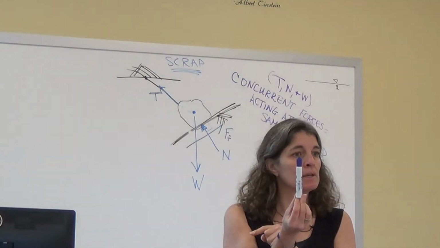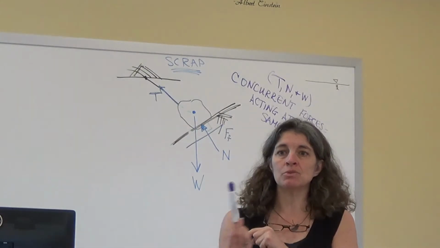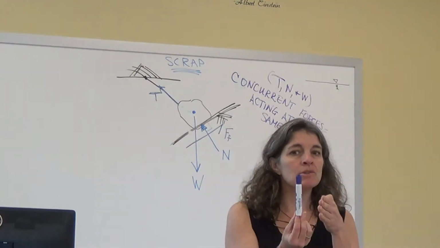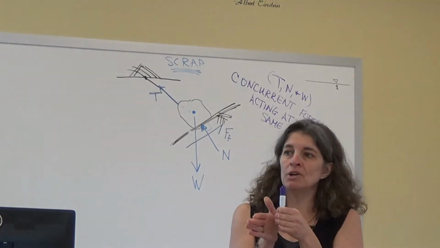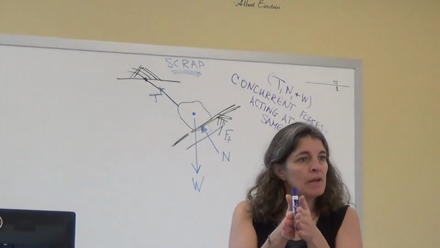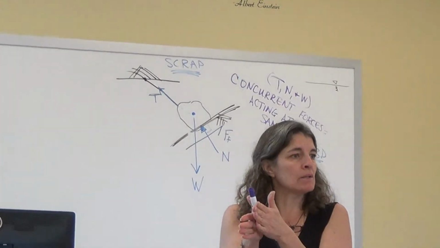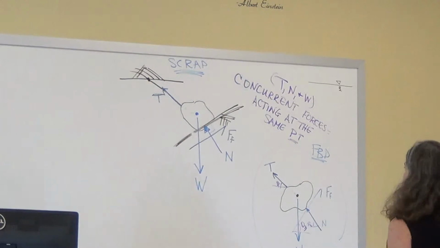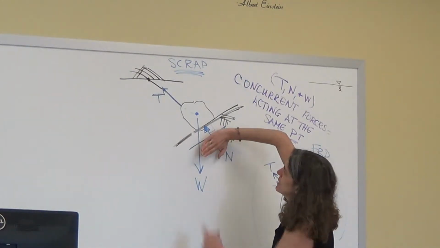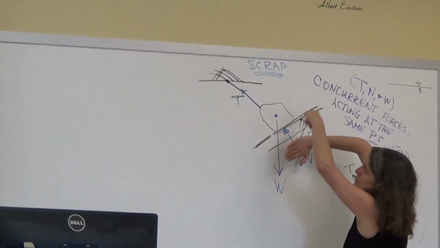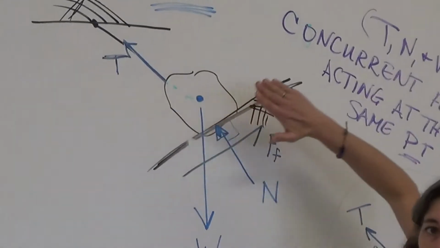Translational only. It's either going to move this way, this way, this way. It's not until I put another force that's not concurrent that it could actually rotate. So if there was no friction, this body is only going to move translationally, linearly.